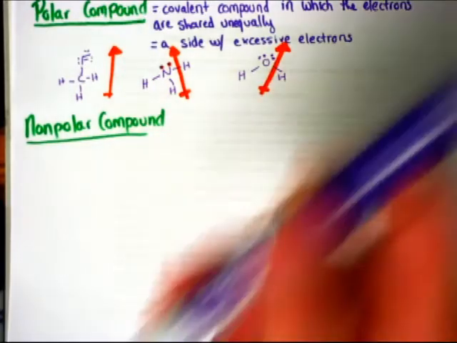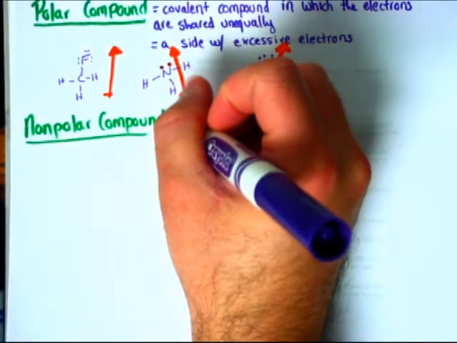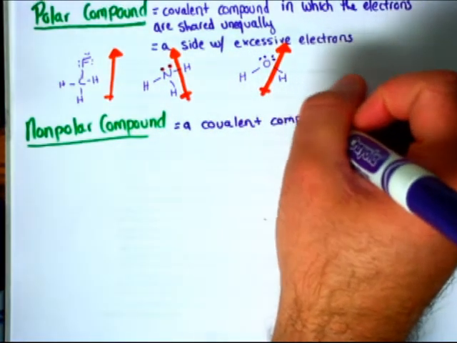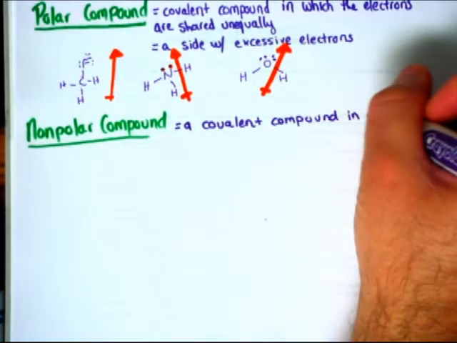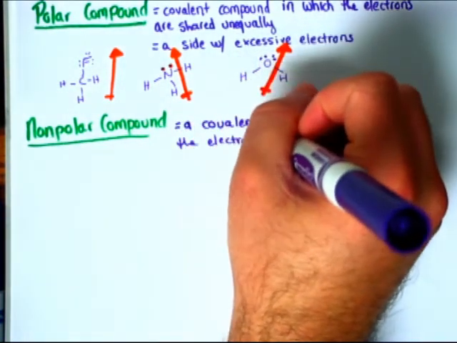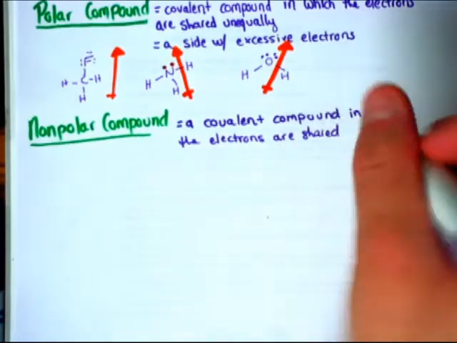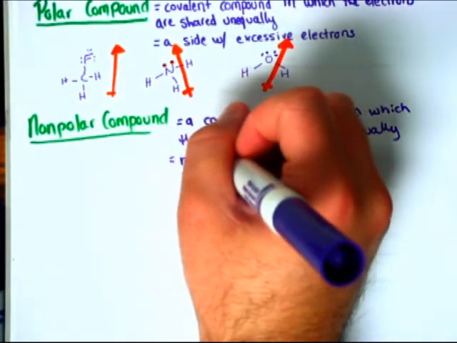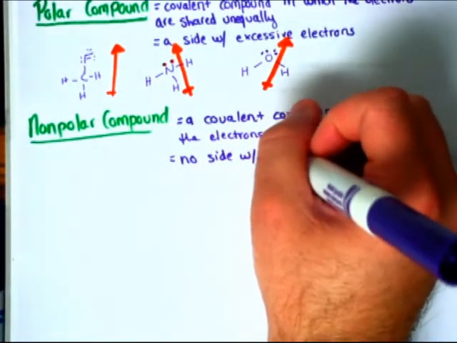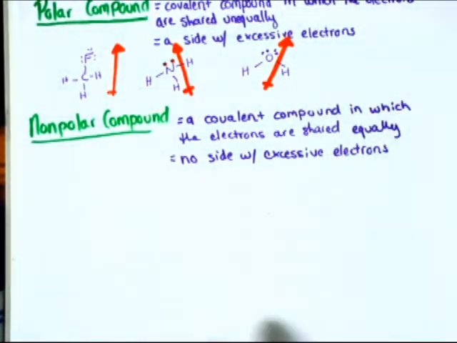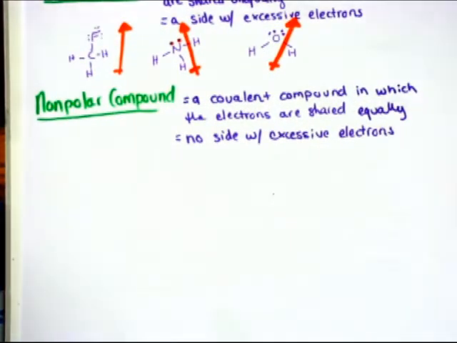So a nonpolar compound would be one, a covalent compound, in which the electrons are shared equally. In other words, there is no side with excessive electrons. No side with excessive numbers of electrons.